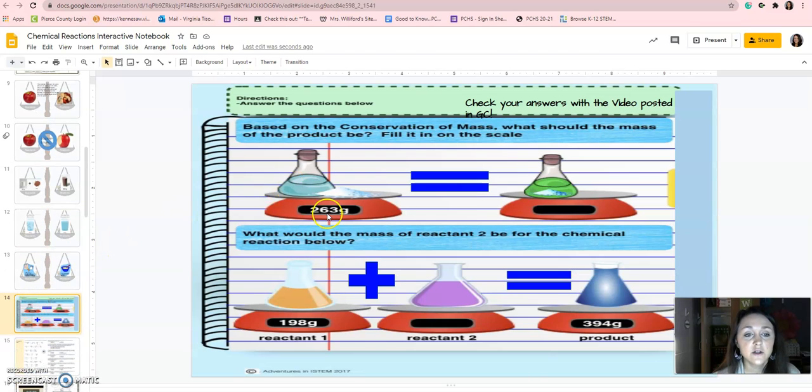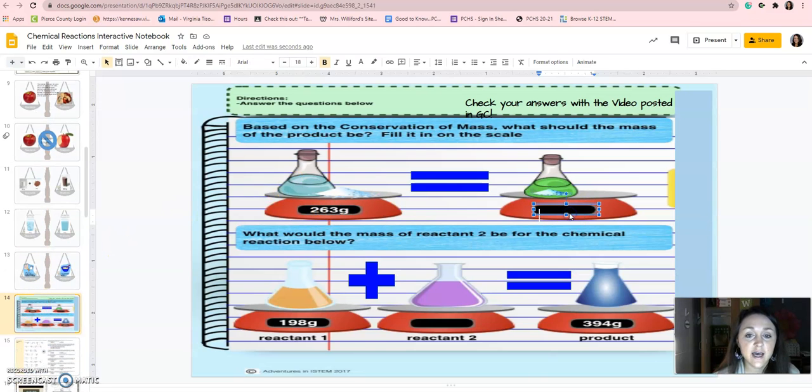So right here, 263 on this side would equal 263 on that side. 198 on that side we would say, okay, what do I have to add to that to get right here? So 394 minus 198, and you do that and put it in. So 394 minus 198 equals what?